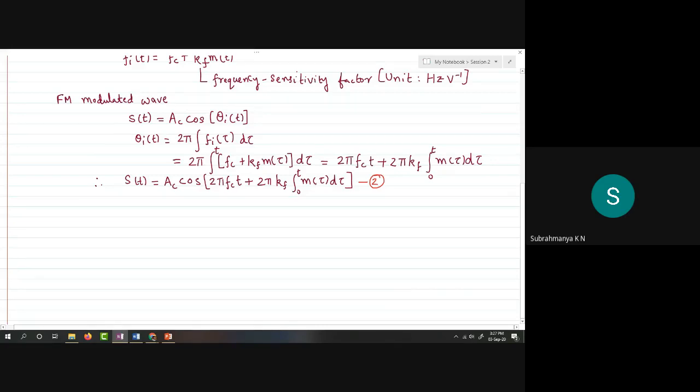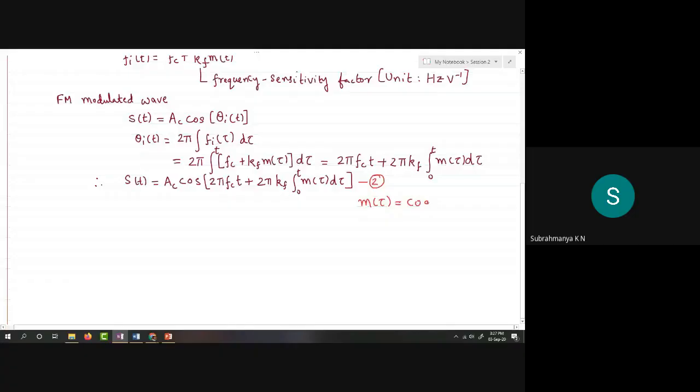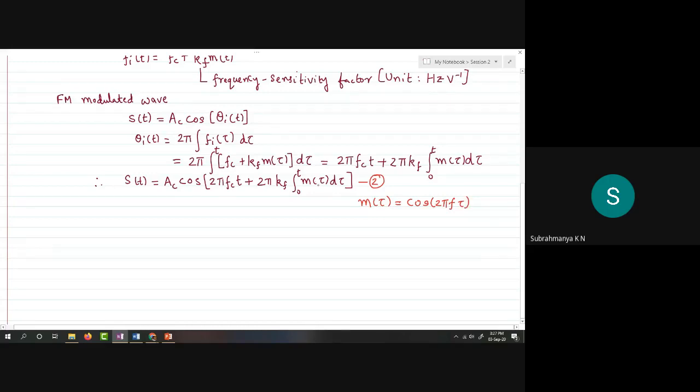Later we can specifically substitute m of t or m of tau as some cos, say cos 2 pi f tau. If I substitute here, I have to integrate it and replace the variable tau with respect to t. The entire equation will come back to the variable t itself. So this is just another variable, the dummy variable, which will be used as the integration part. Is that clear?